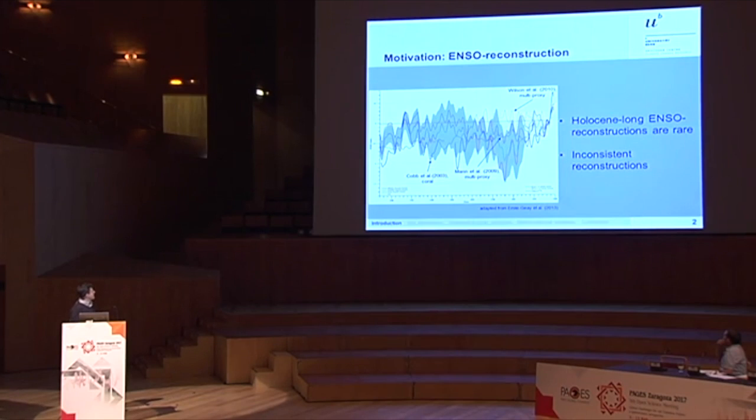However, as one can see, there are many different inconsistencies in those records. Mostly that's due to chronological uncertainties, as well as different teleconnections, and also due to unstable proxy climate signals. Moreover, Holocene long ENSO reconstructions are rare.